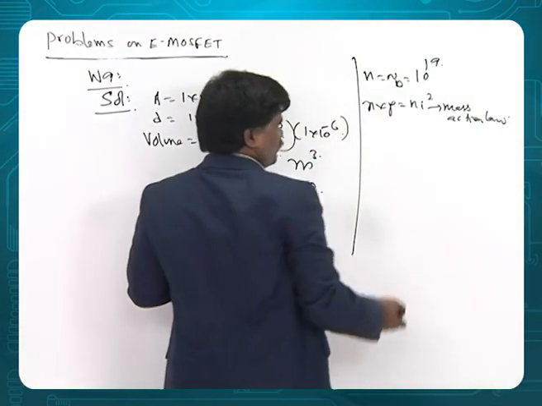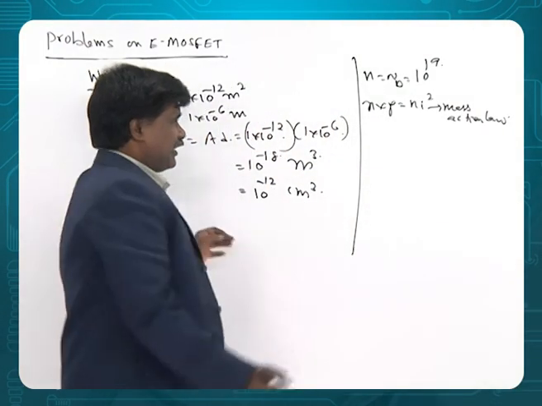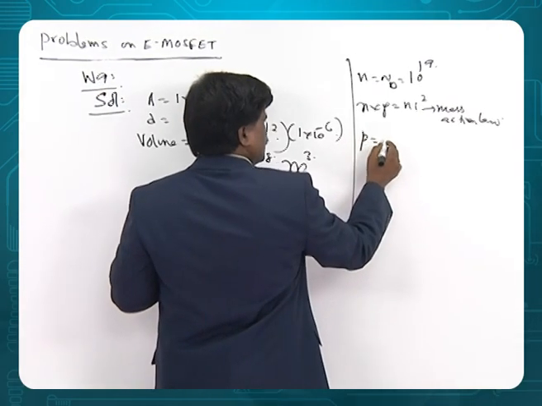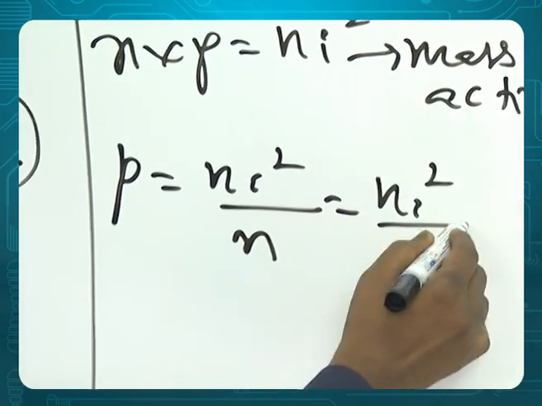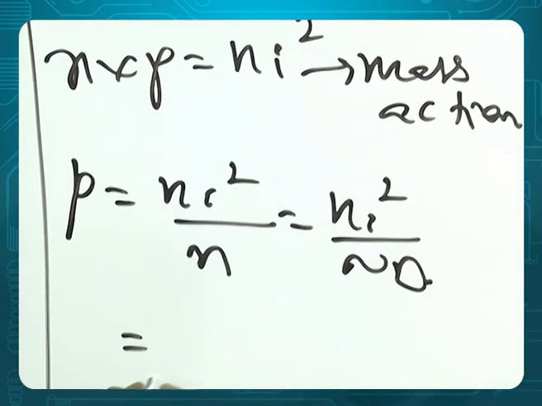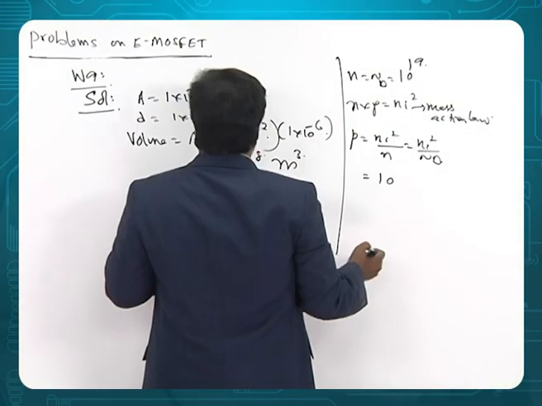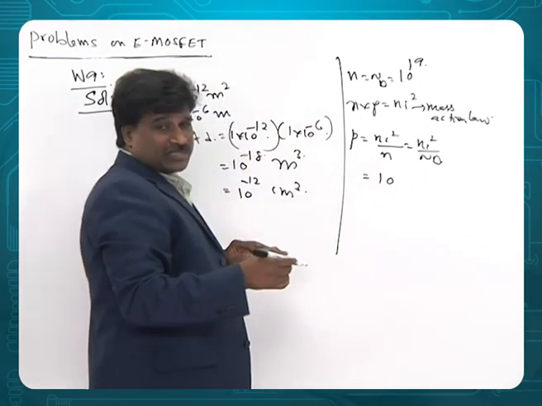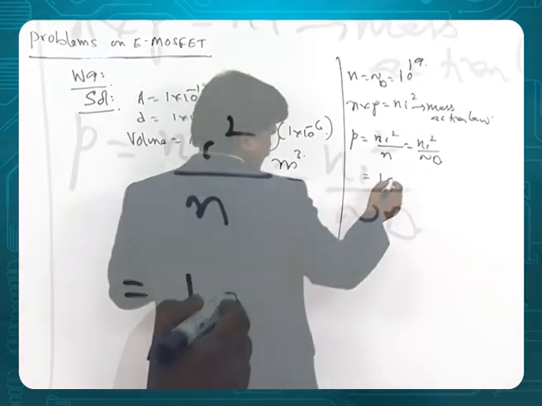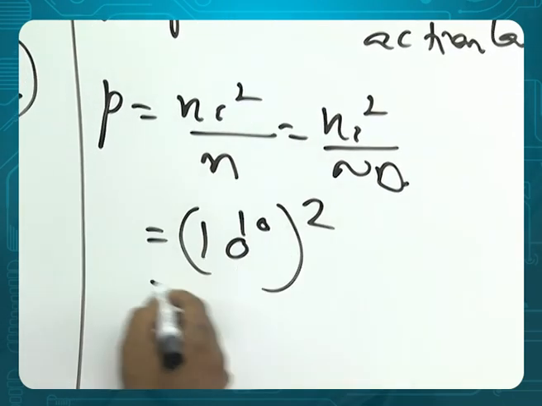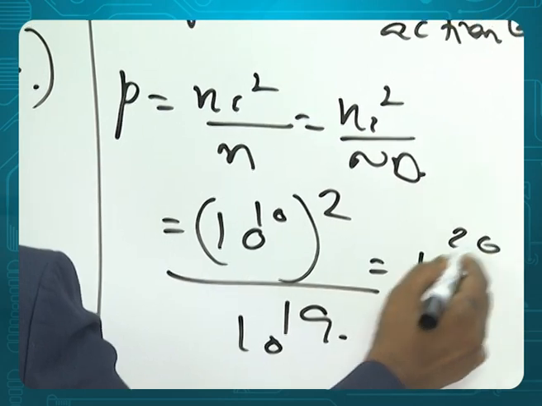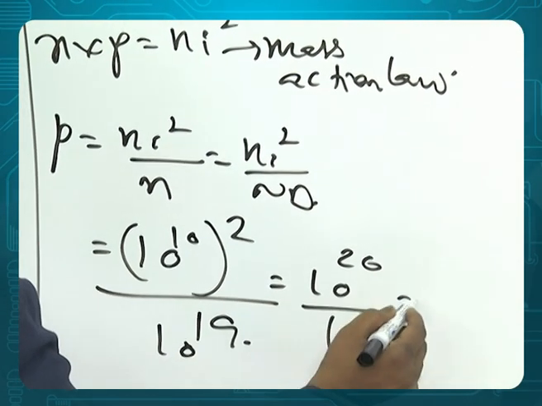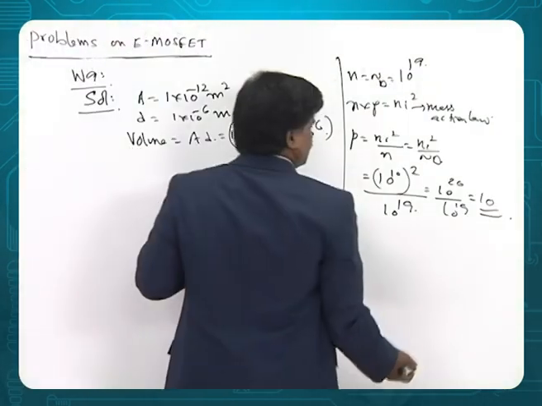Since we have Nd, p is ni² by Nd. Ni is given as 10^10, so (10^10)² divided by 10^19, that is 10^20 by 10^19, which is 10.